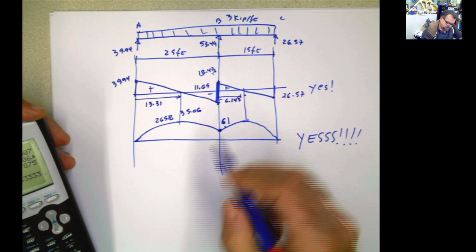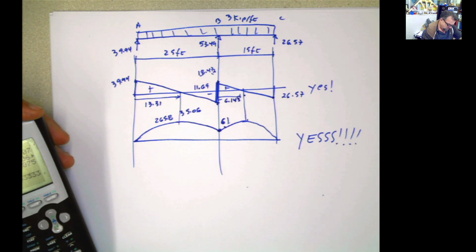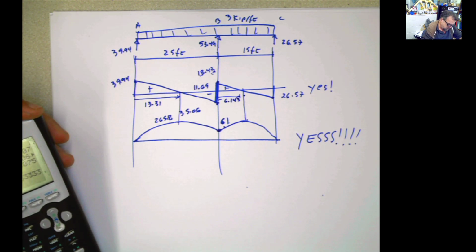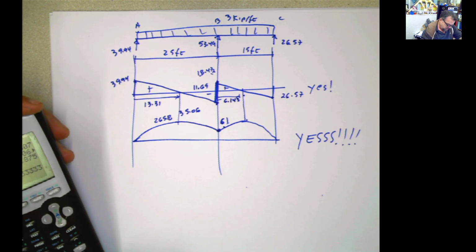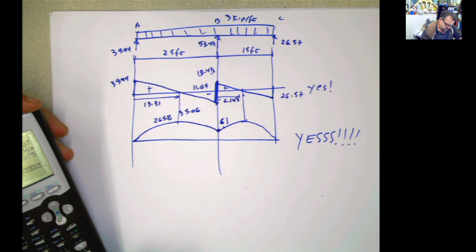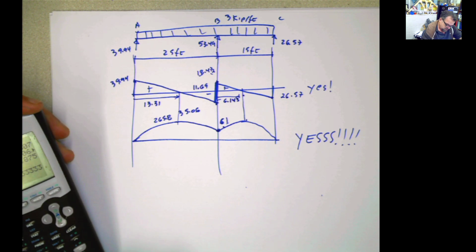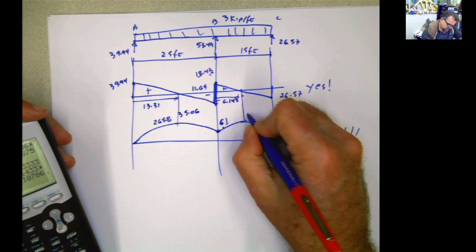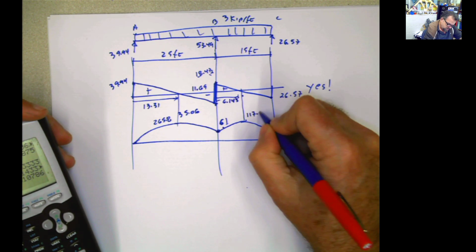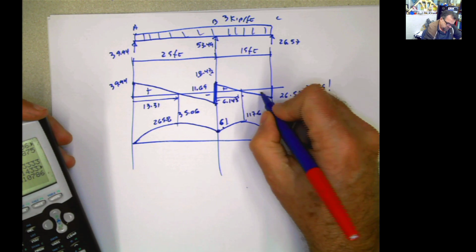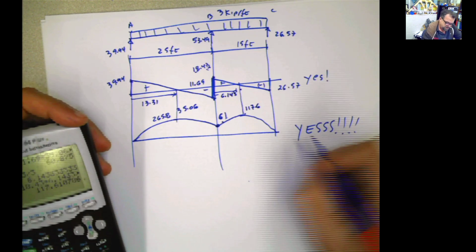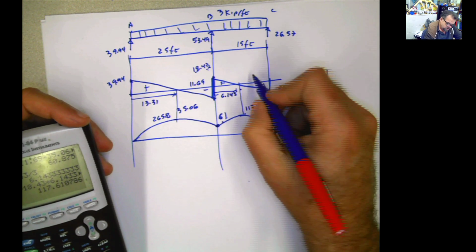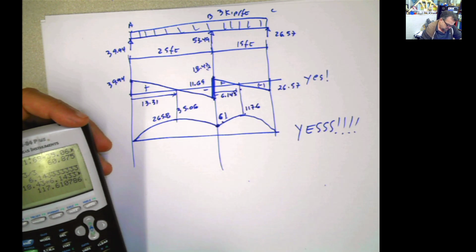And this is going to be 61 plus that area. 61, I'm sorry, plus 18.43 times 6.143 divided by 2, 117.6.